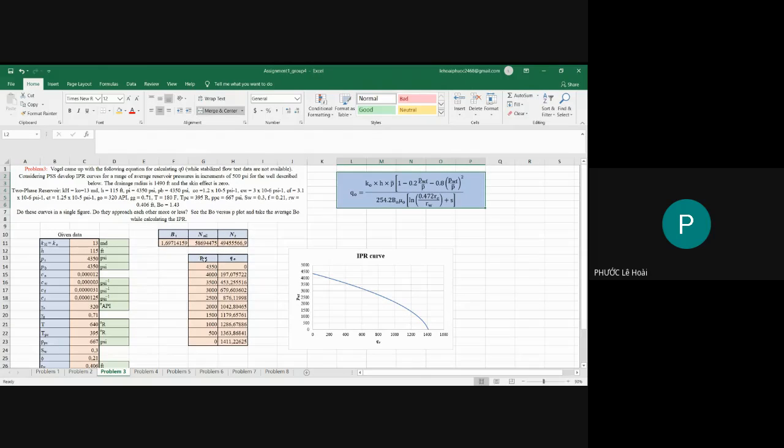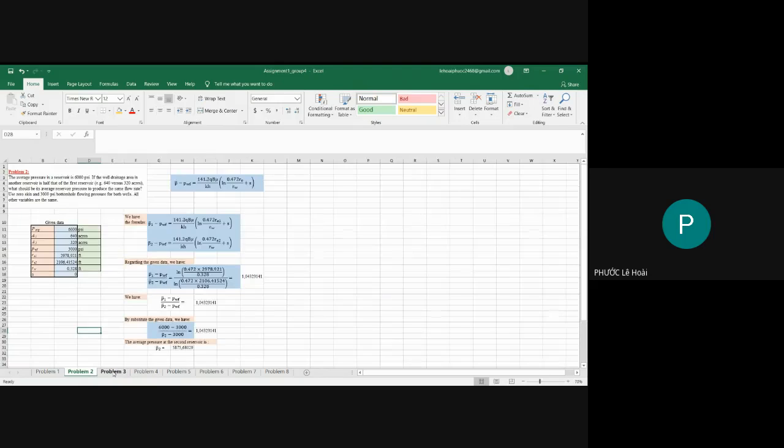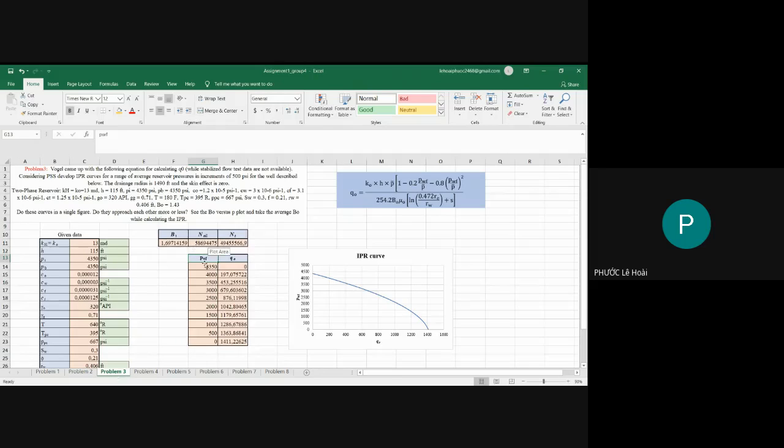And for the bottom hole flowing pressure, it will change from 0 to 4,000 and 4,350.